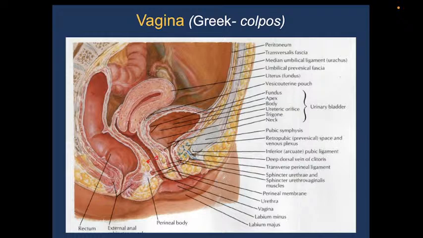The lumen of the vagina is normally in a collapsed state, and in cross section has the form of a frontal fissure. So this is the vaginal cavity. It looks like a frontal fissure located in the frontal plane.